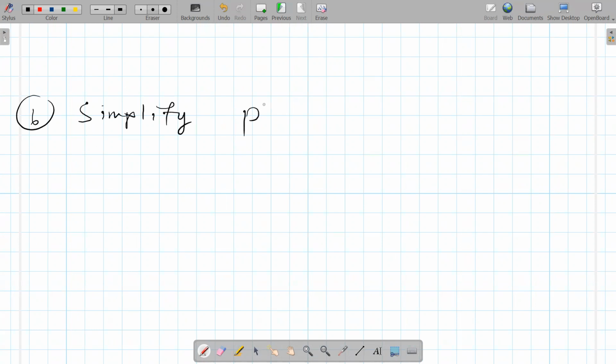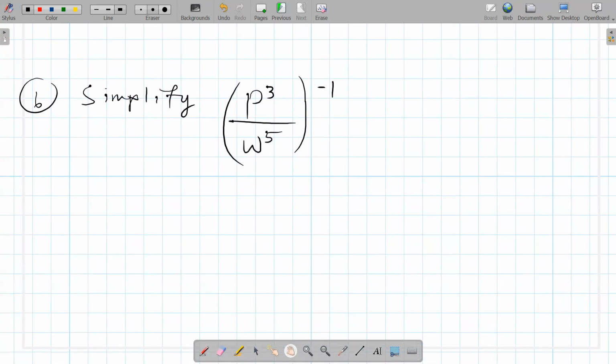P to the 3rd over W to the 5th, all raised to negative 1. That should also be very easy to deal with.